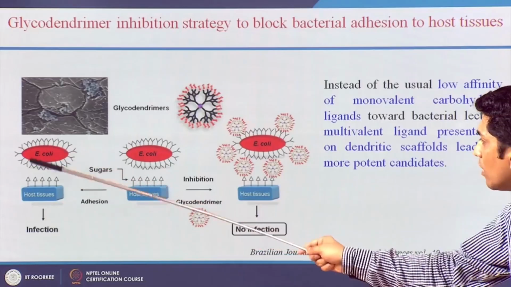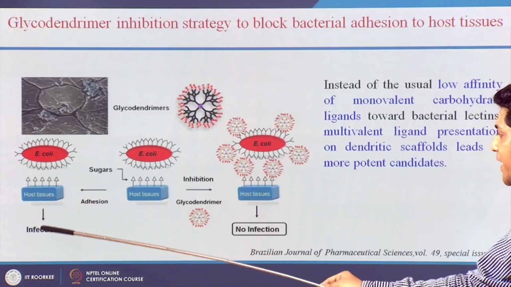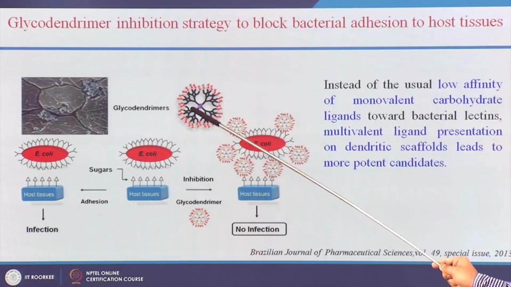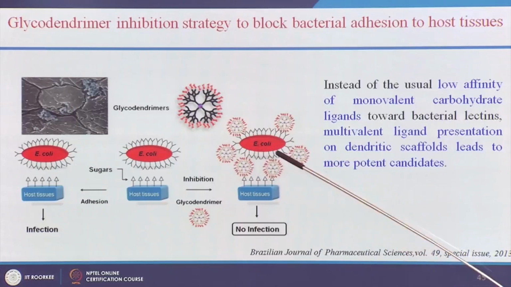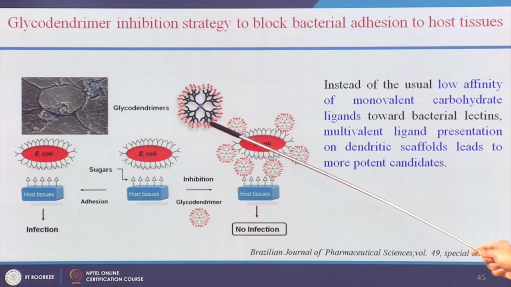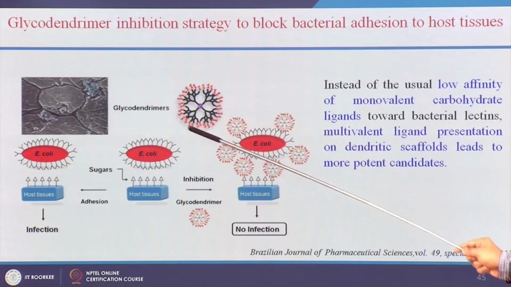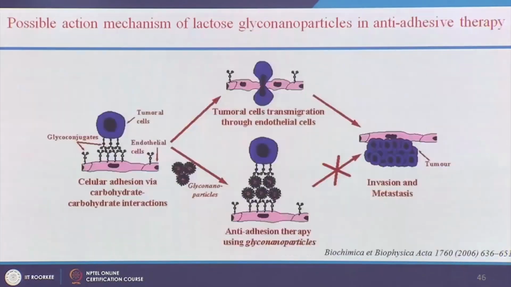You can see here this E. coli bacteria, normally it will come and bind to the host tissues and it will cause infection, but when you have this kind of glycodendrimer, that will bind to this E. coli and it will block the binding to the host tissue and it will prevent the infection. As the dendrimer structure has multivalent ligands, it is very efficient in preventing the bacterial infection.